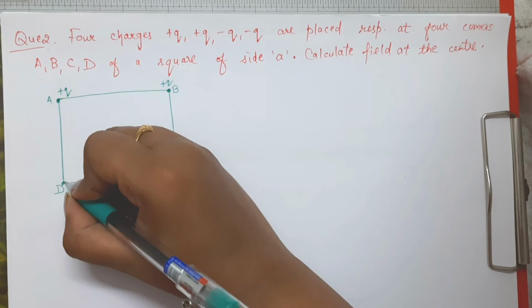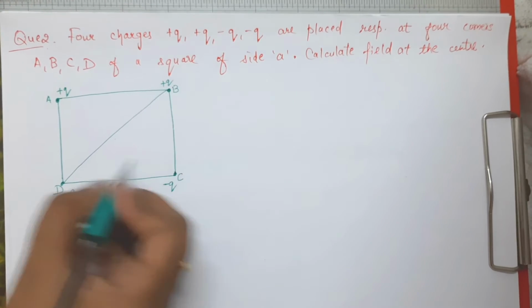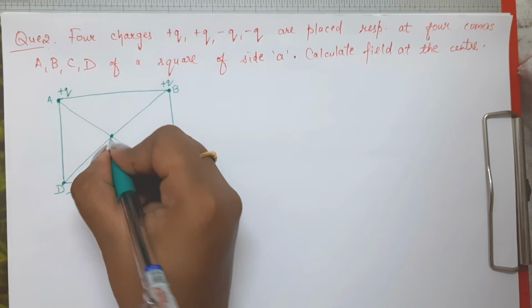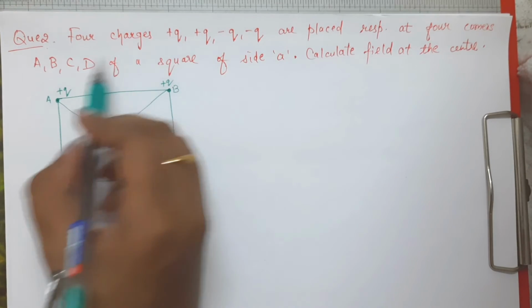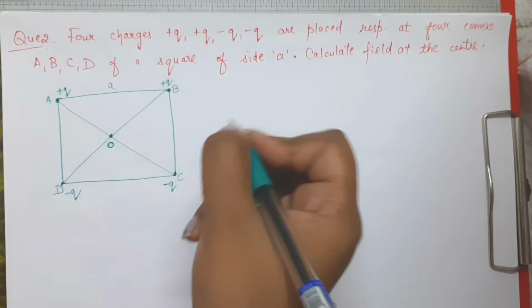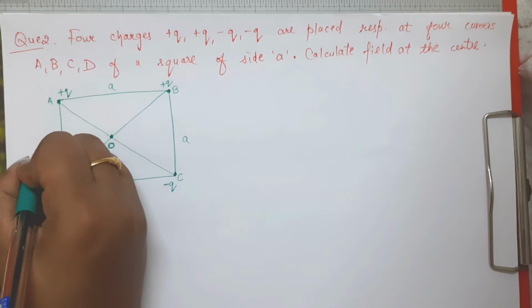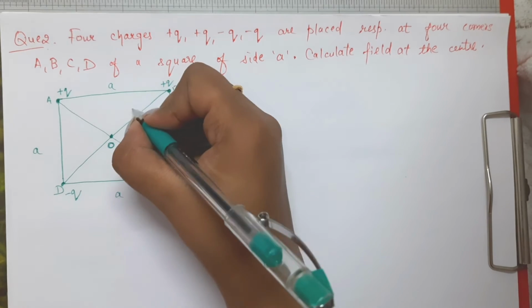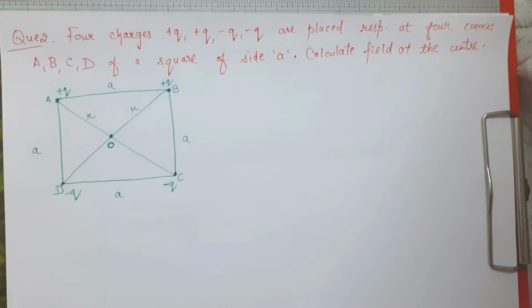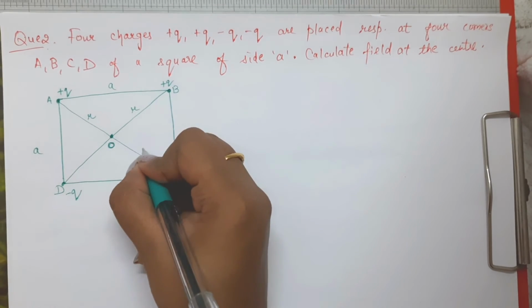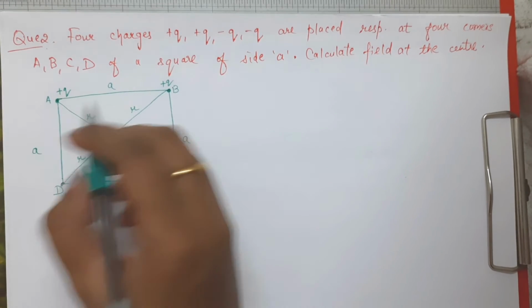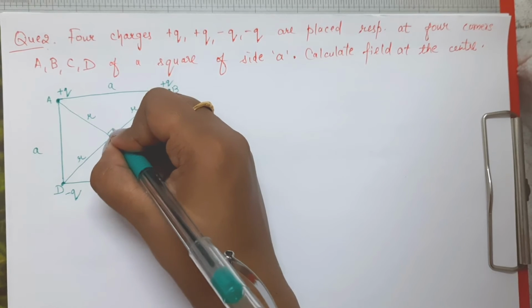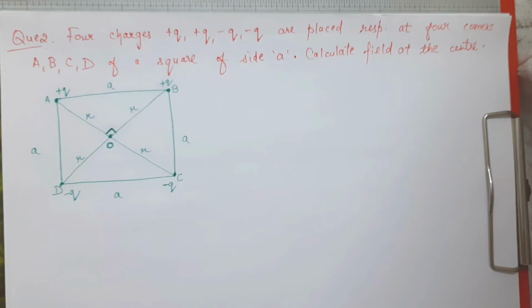So basically I'm going to make 2 diagonals like this. This O will be the center, right, and this square is having side of small a, so all these 4 sides will be equal to a. Now suppose this is R, this is also R, so this will also be R and this will also be R. Now if you look at this particular triangle, this will be the angle of 90 degree, right, because this is a square.